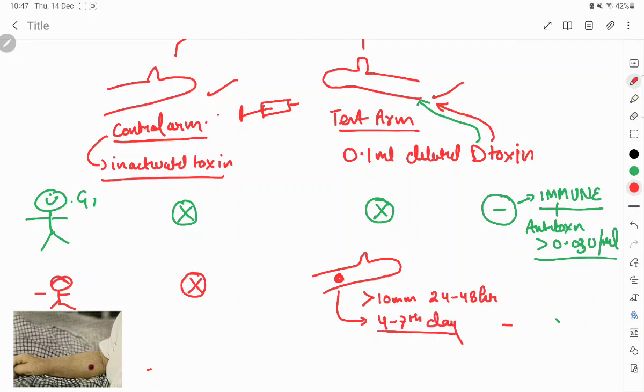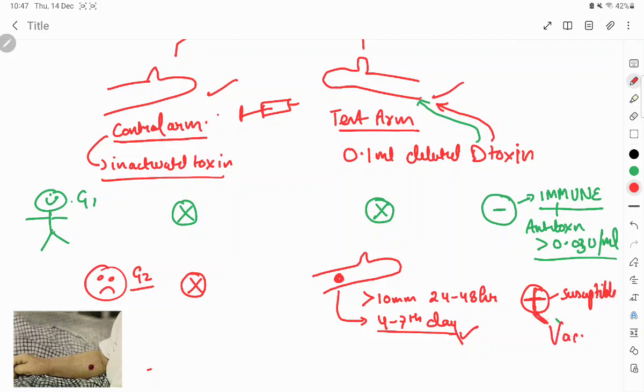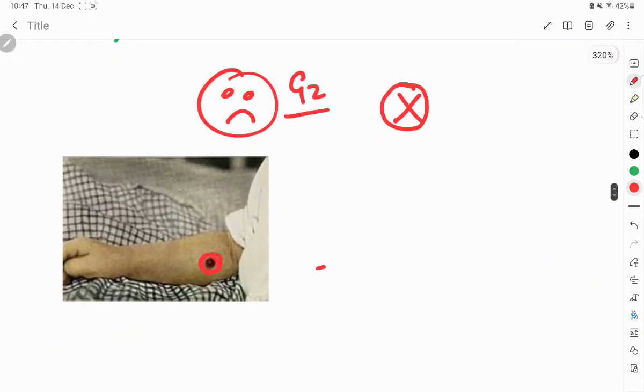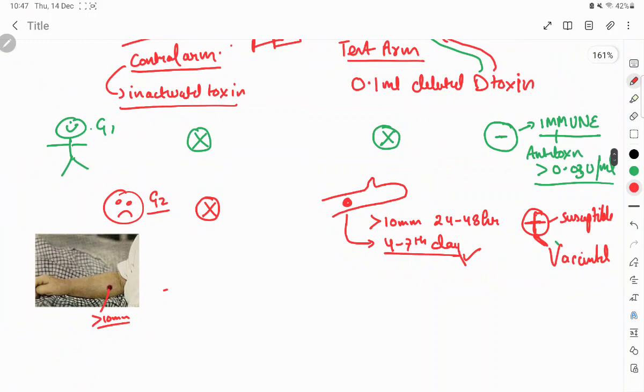This patient is unhappy because he is a positive case. Positive here suggests the patient is susceptible to diphtheria and needs to be vaccinated. This is how the wheal reaction appears, more than 10 mm. So these were our two guys.